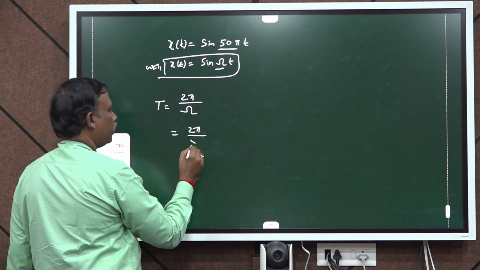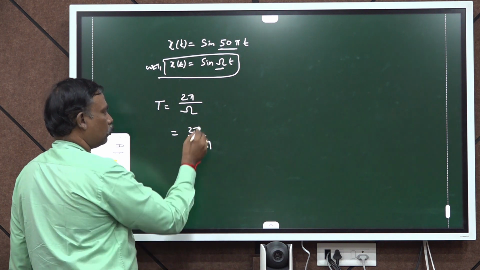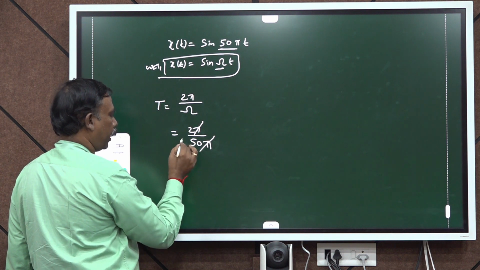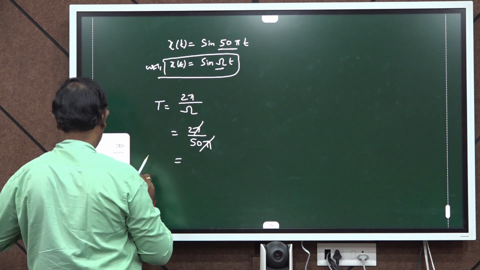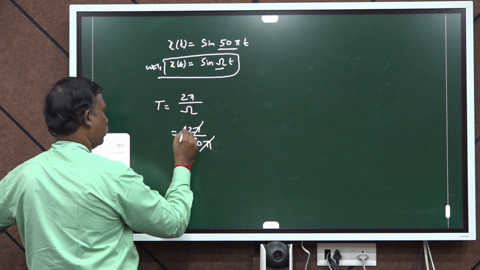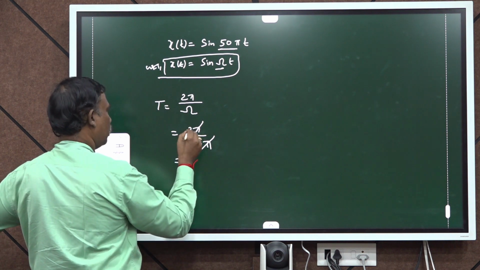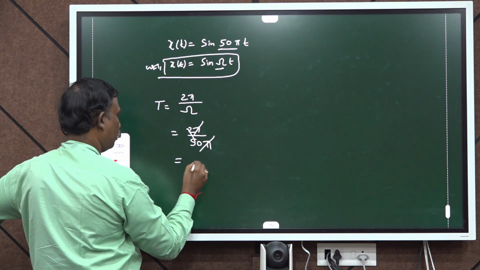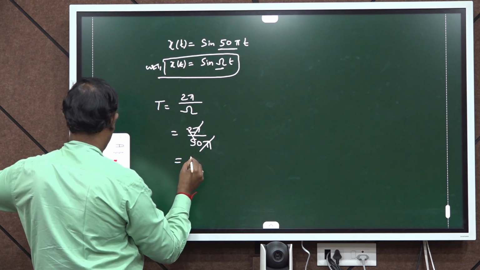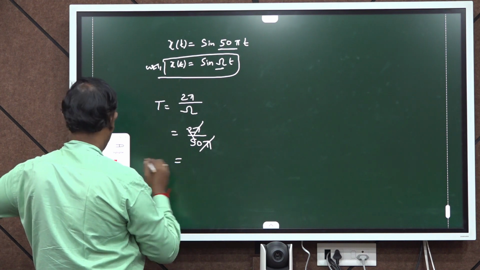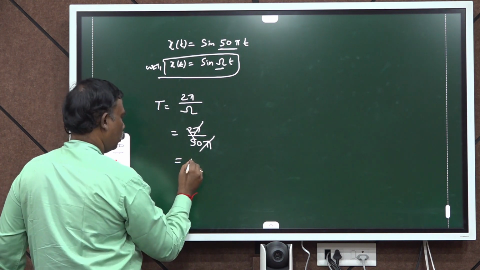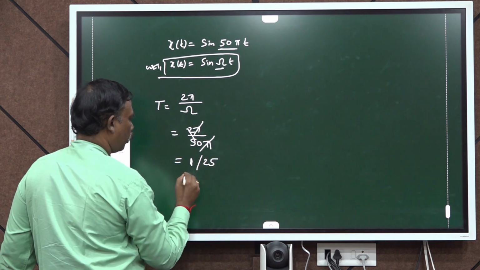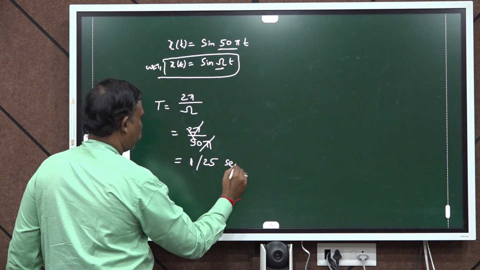2 pi divided by 50 pi. The pi is cancelled, and 2 into 25 cancels again. What do we get? One divided by 25. One by 25 seconds is the answer.